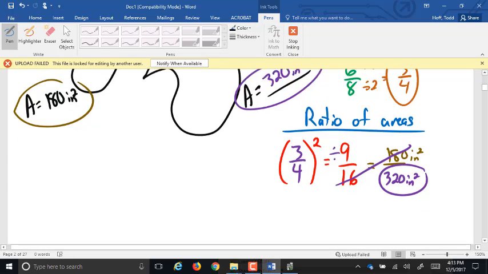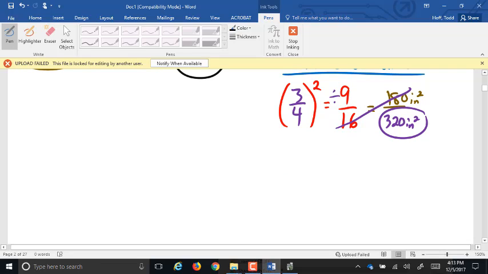Now again, this isn't restricted to a flat piece. It also applies to surface areas.